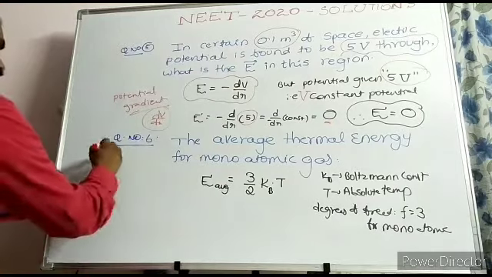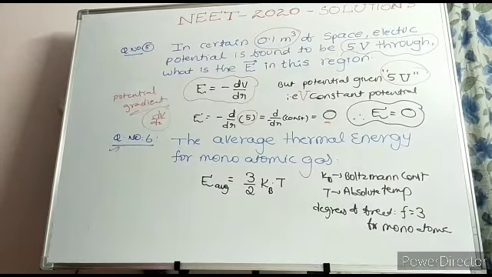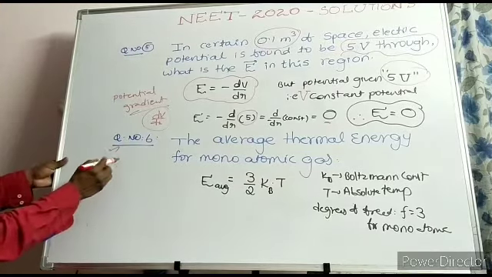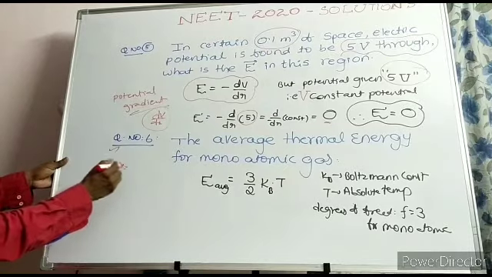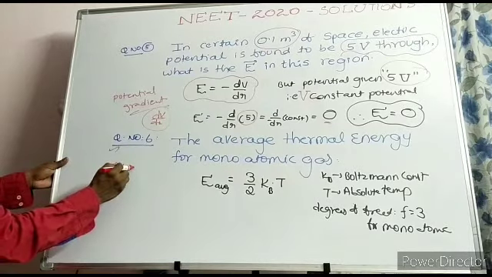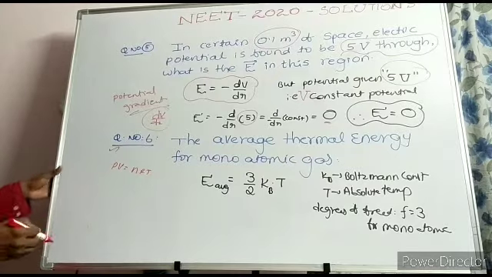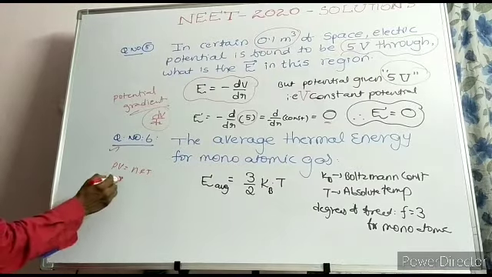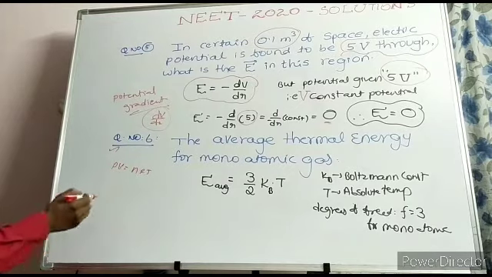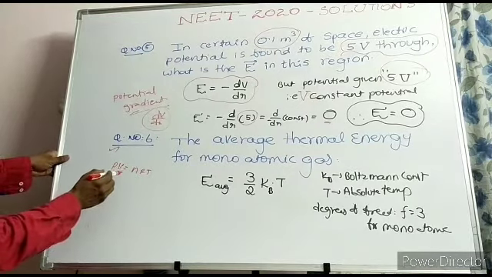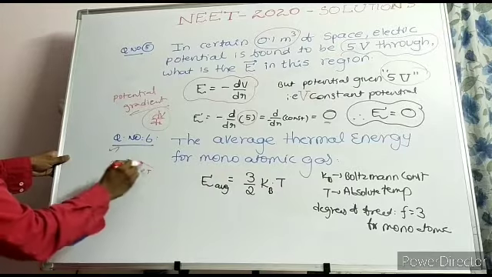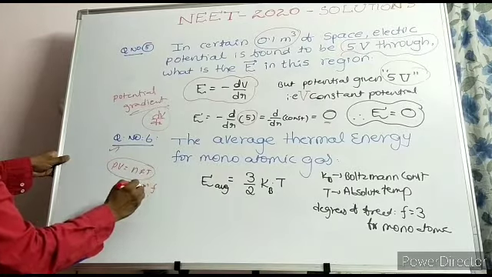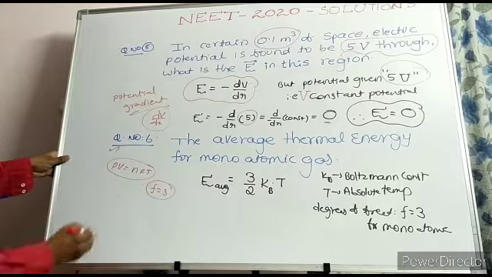Now another question, that is question number 6. What about the average thermal energy for monoatomic gas? We know PV is equal to nRT. And for monoatomic gas, degrees of freedom, F is equal to 3.